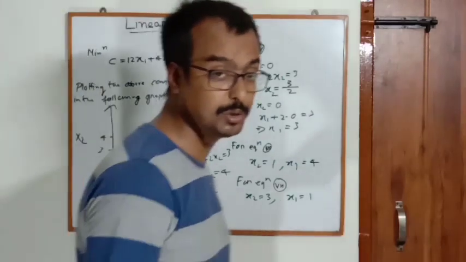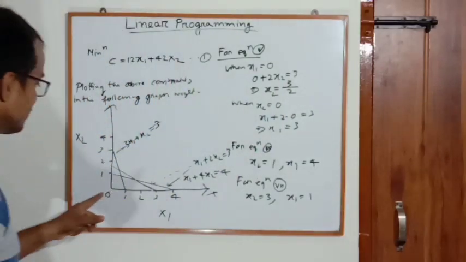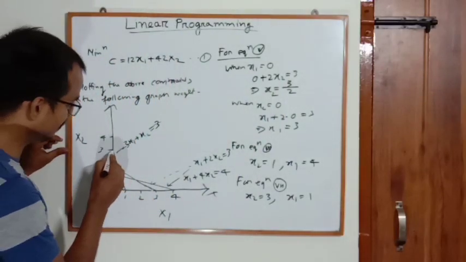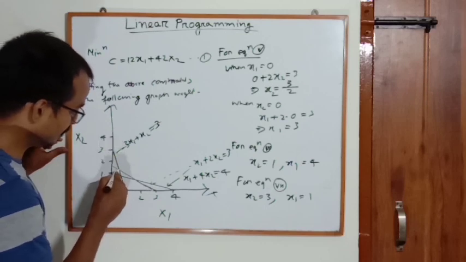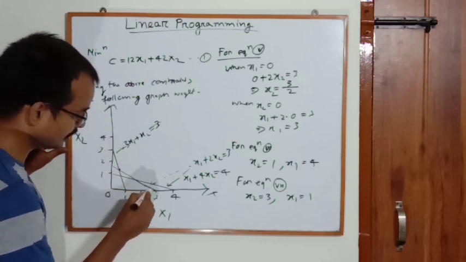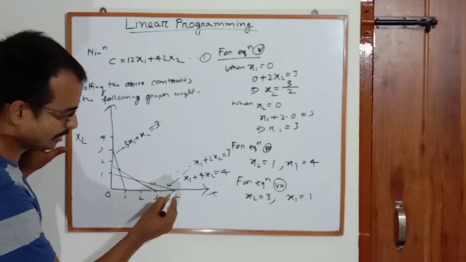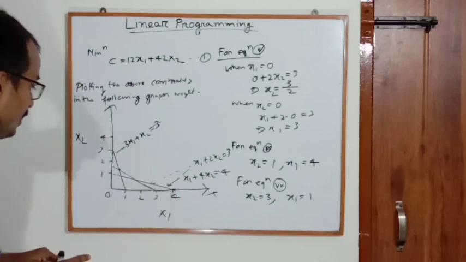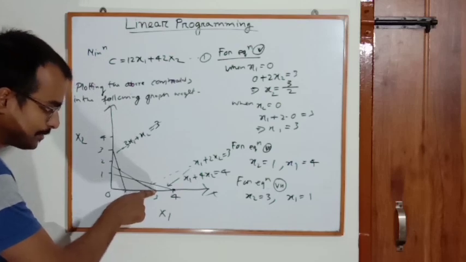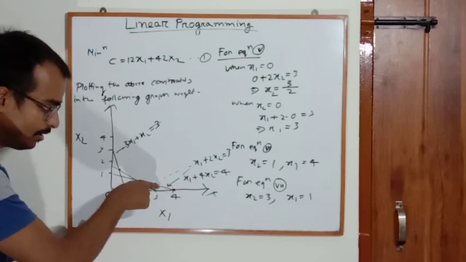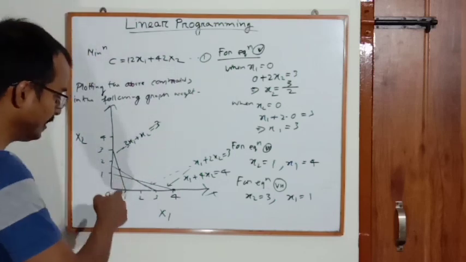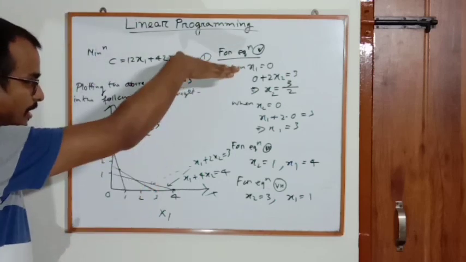And what are the corner solutions? These are not corner solutions, because corner solutions must touch the feasible area. So this is one corner solution, this is one, this is one, and this one is one corner solution. Why? Because you cannot come to this point, as this constraint is stopping you. I told you last day, these are the borders which restrict you.